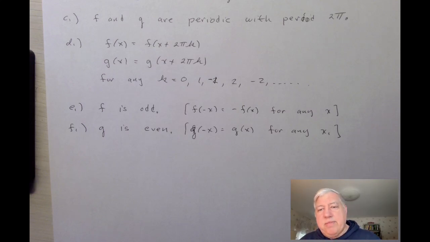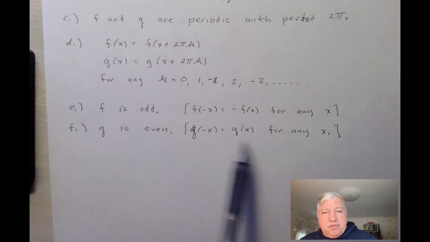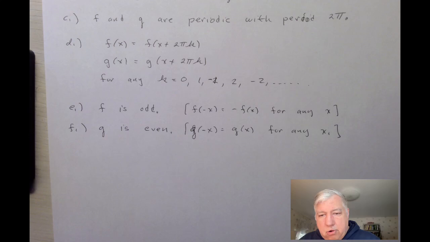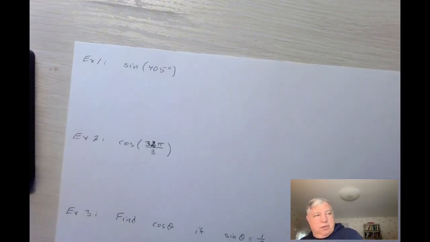So this is basically the definition: this is an odd function, this is an even function. So that's all we're doing here. Hopefully that's not too bad. I want to just do a few examples now to see how we can do this.